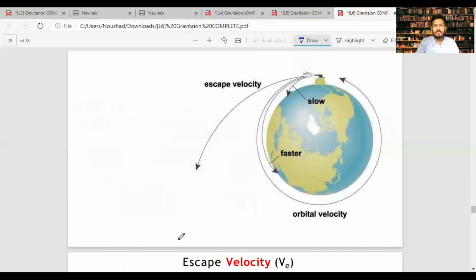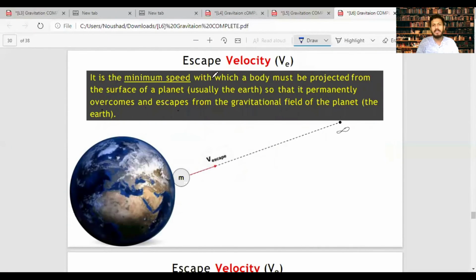Next one, escape velocity. What do you mean by escape velocity? Escape velocity is the minimum speed with which a body must be projected from the surface of the planet to permanently overcome and escape the gravitational field of the planet. While putting a satellite from Earth, we give it escape velocity so that it doesn't come back. That is 11.2 kilometers per second.